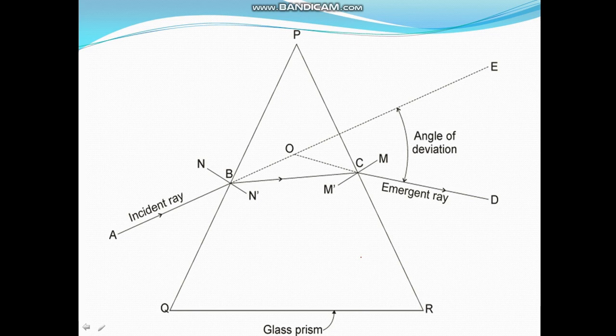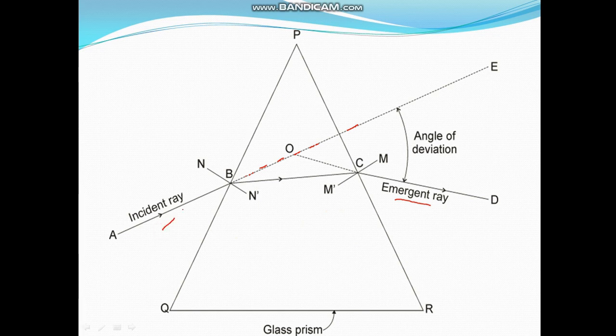Now this is the diagram that we get. Now see, had this glass prism not been there, then actually this would have been the path of the light. But due to refraction, the final ray that we obtain when it comes back into the air is known as the emergent ray.